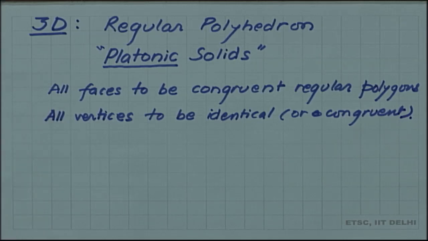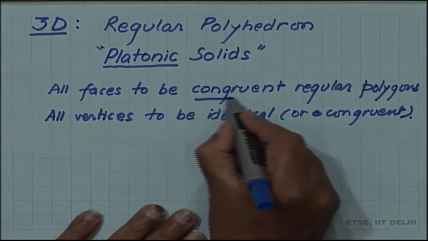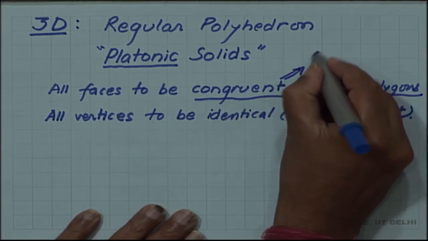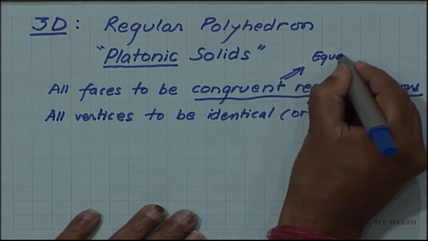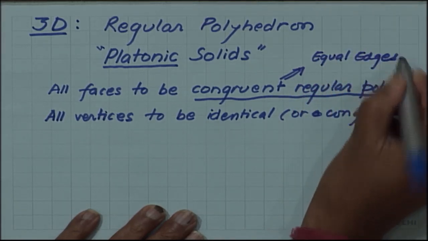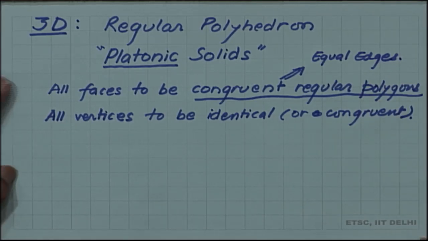All edges will automatically be equal because we have congruent regular polygons. So, regular solids will have all faces identical regular polygons, all edges equal and all corners identical.